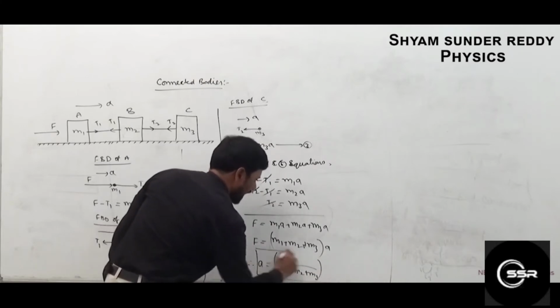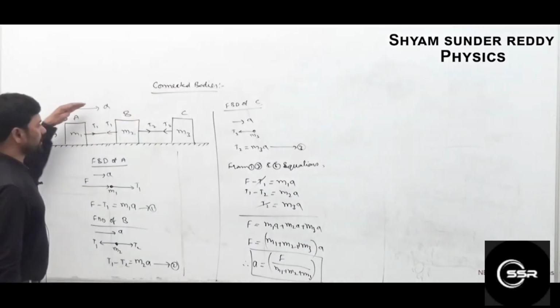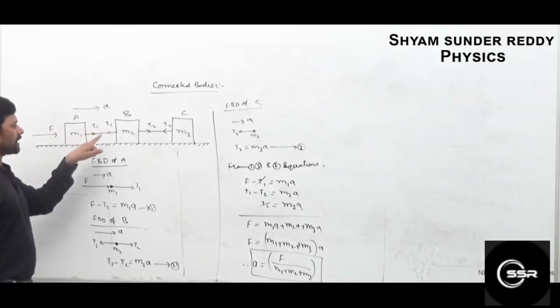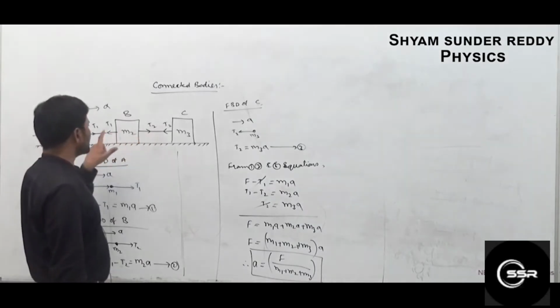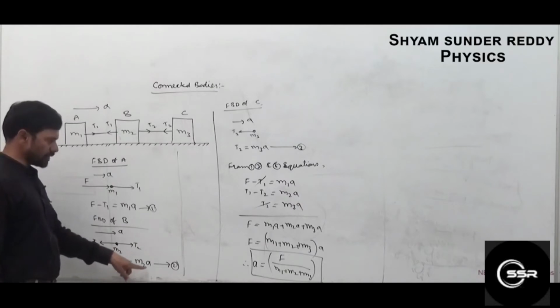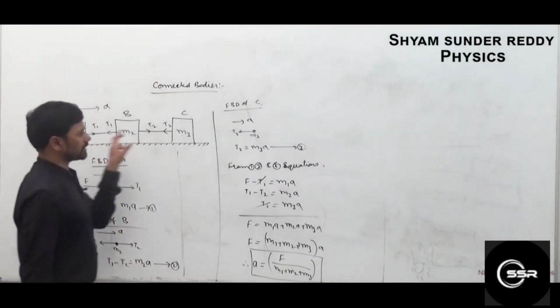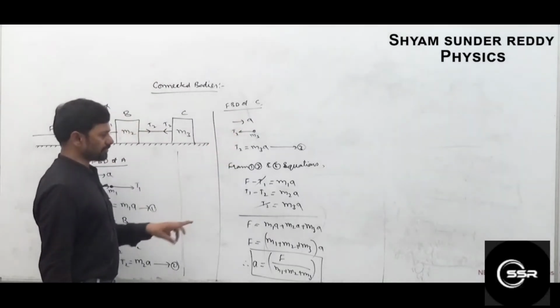This is the acceleration. The block is moving in the forward direction. That's why T1 is more, T2 is less. So we can take T1 minus T2 is equal to M2A, and from the FBD of C, T2 is equal to M3A.